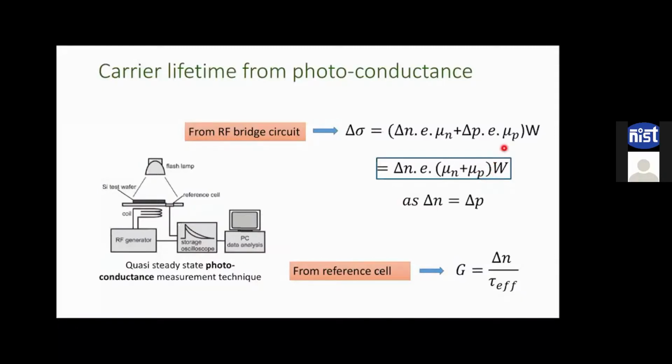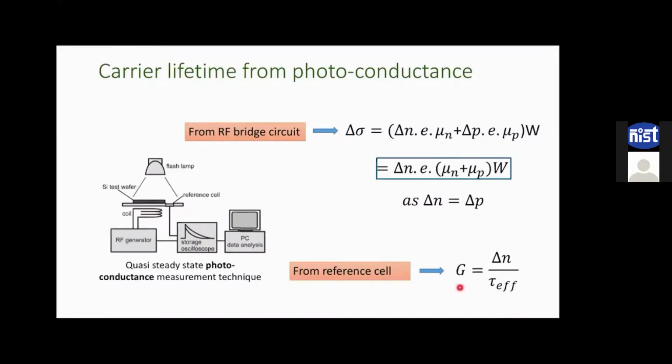And the thickness of the wafer is also known to us. So from this equation, given that the bridge circuit is giving us this parameter, we can calculate the excess carrier concentration generated inside your crystalline silicon wafer because of this flash lamp illumination. Right? Now, if you know this delta N, the excess carrier concentration, then you can calculate the lifetime of the minority carrier from this equation.